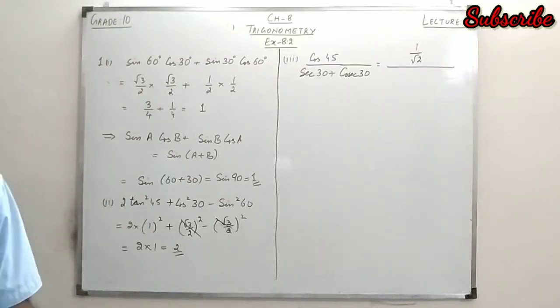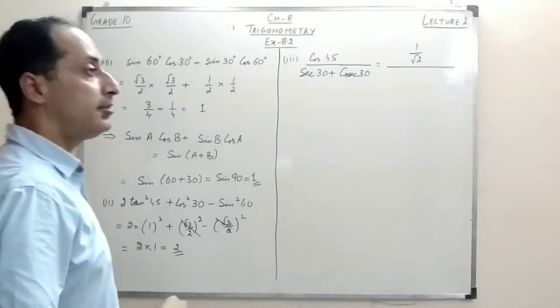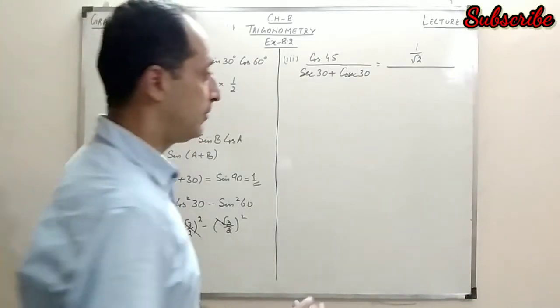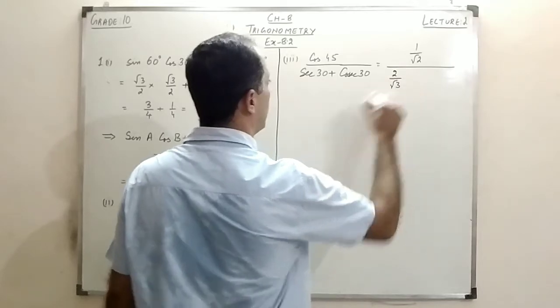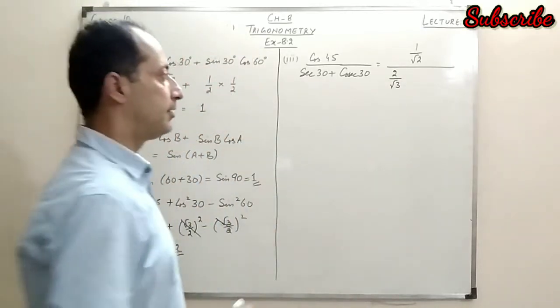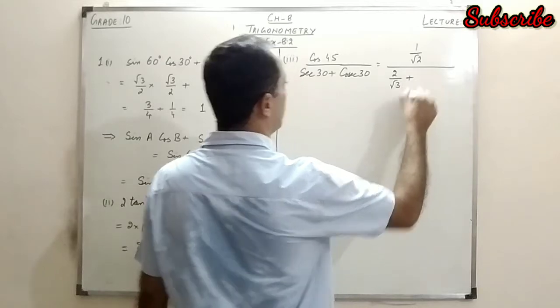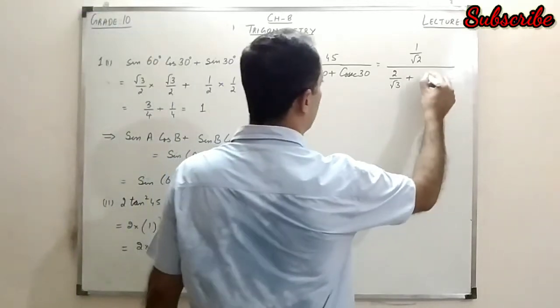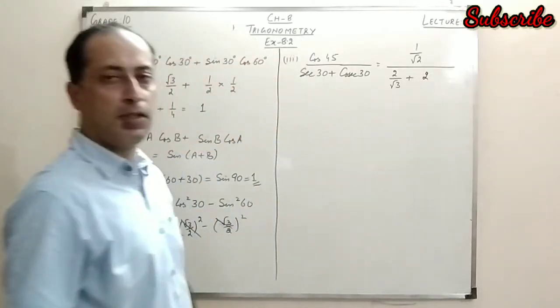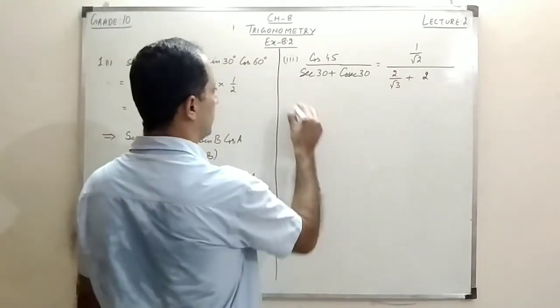If we talk about the value of secant 30, cos 30 is root 3 by 2, and we take the reciprocal, so that is 2 by square root of 3, plus cosec 30. If we talk about sin 30, that is 1 by 2, so cosec 30 will be 2.